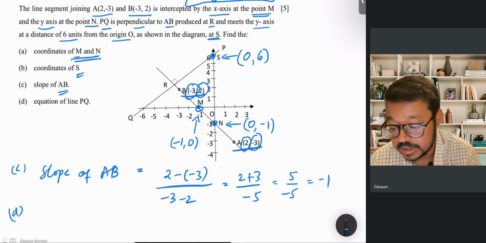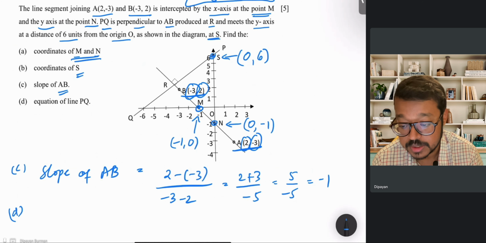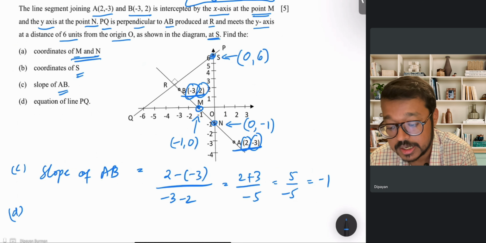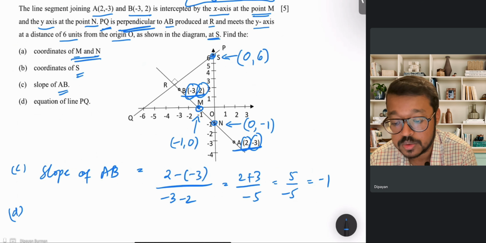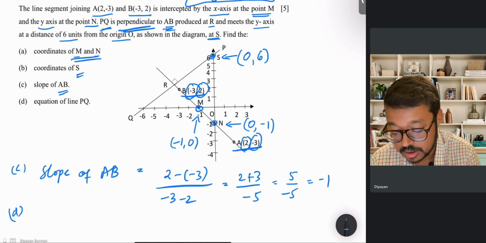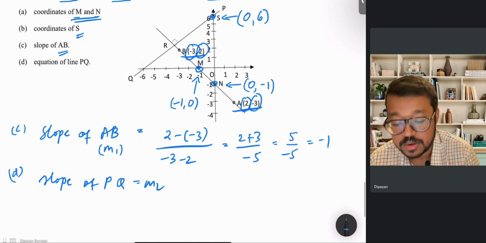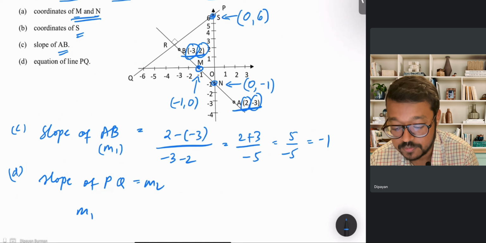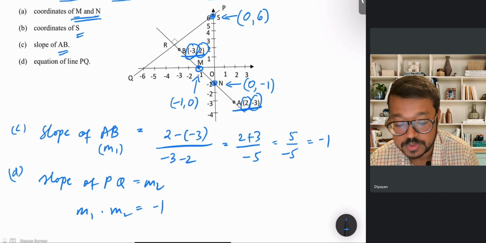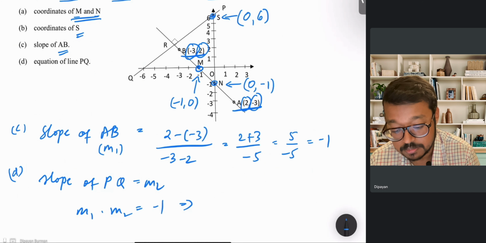And finally, the equation of line PQ. Now it is given that the line PQ is perpendicular to AB. So suppose the slope of AB is m1 and the slope of PQ is m2. Because they are perpendicular lines, m1 into m2 will be minus 1. So that means minus 1 into m2 is minus 1.